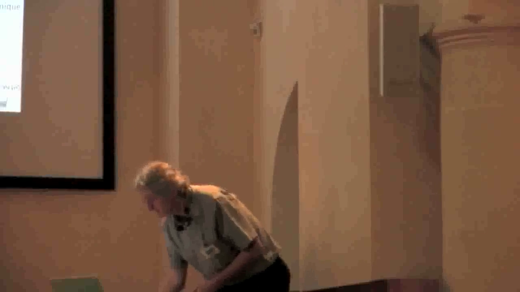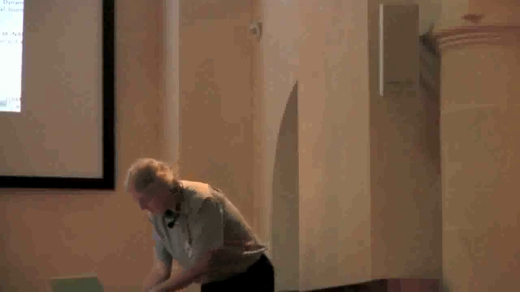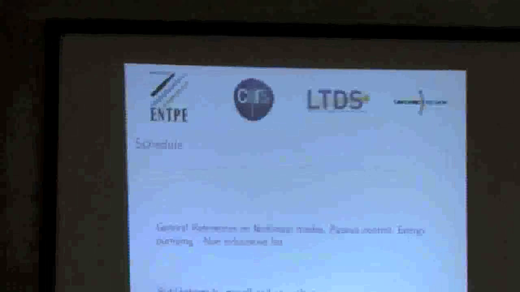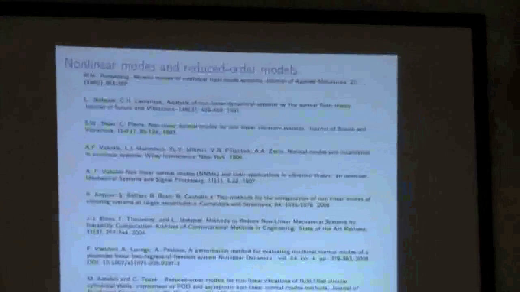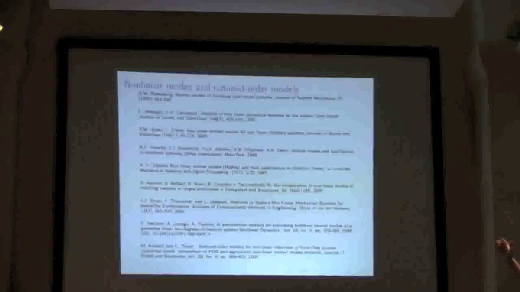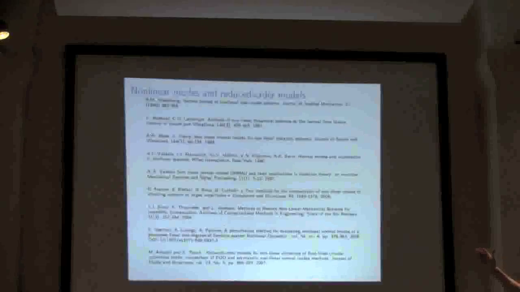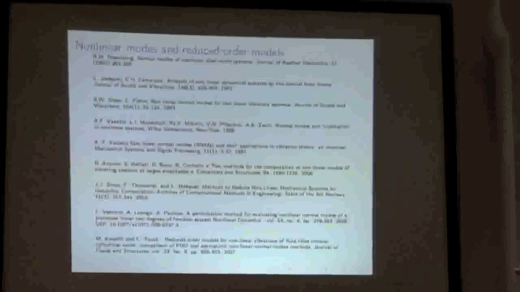By the way, I said that I will give you, if you are interested, a few references. I give general references, for example, about nonlinear modes and reduced order models. I do not give all the references I have, only a few, but it is already a lot.